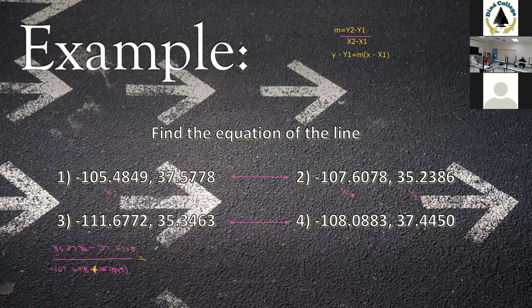So this first one is going to be a negative 2.3392 over, well, this bottom one is going to be a negative 0.1229. So now we're going to divide it.